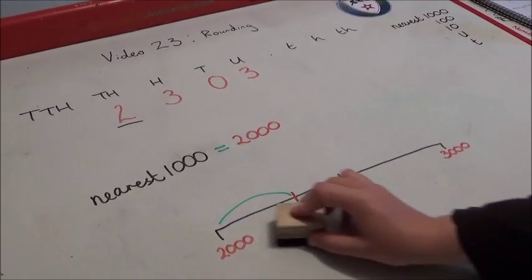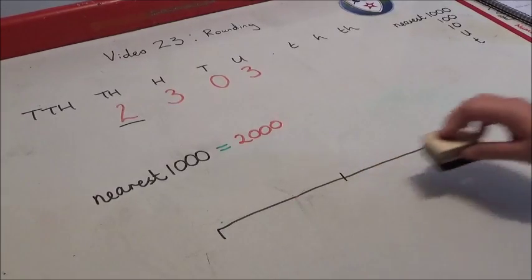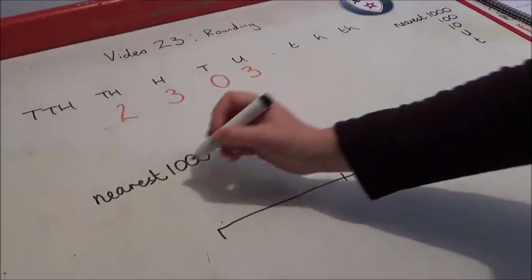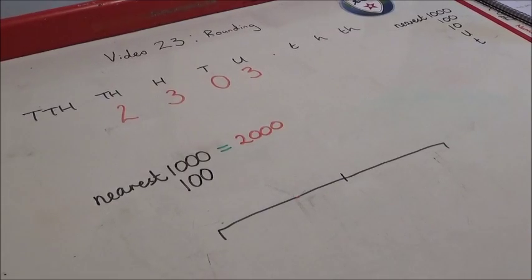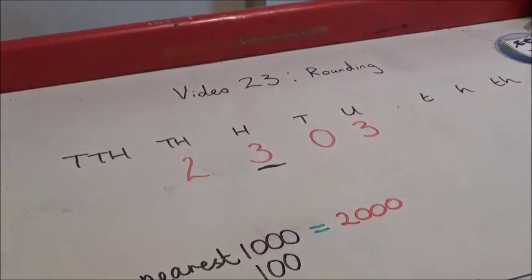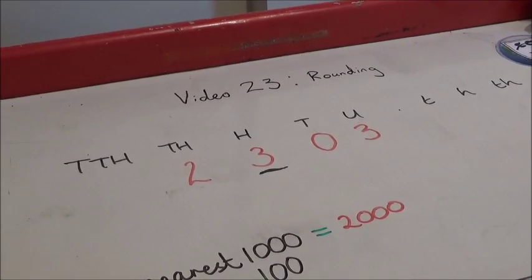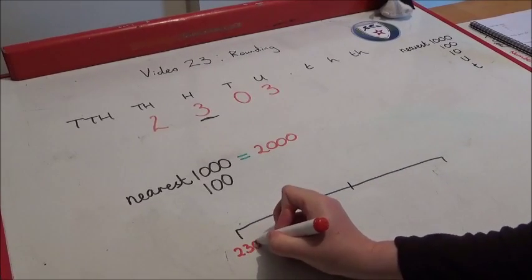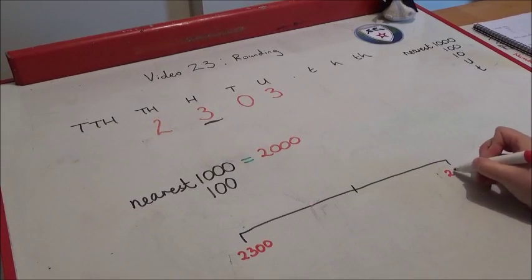Okay, so we wipe off our number line. The next one we'll have a go at is rounding to the nearest 100. So, go back up to our place value position. And we've got here 3 hundreds. So we're saying to ourselves, is 2,303 closest to 2,300, or at the other end, the next 100 on would be 2,400.